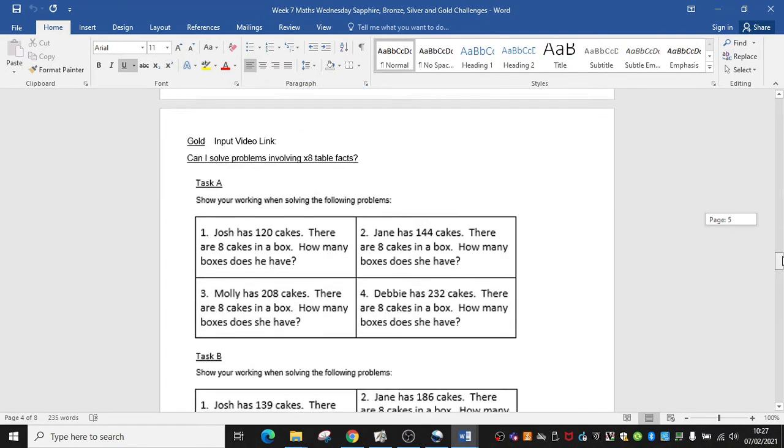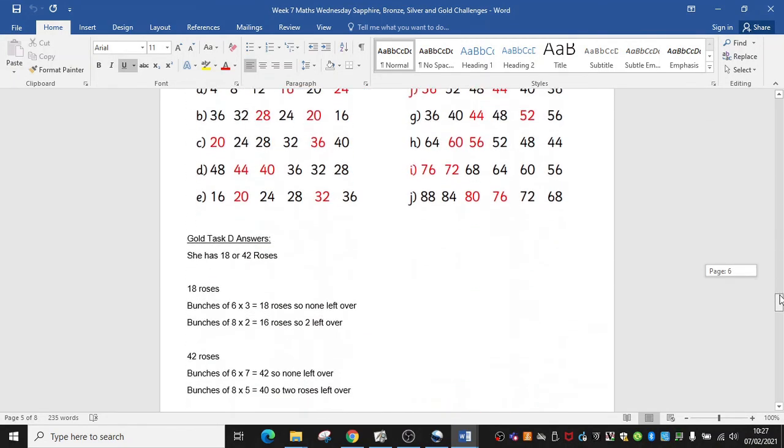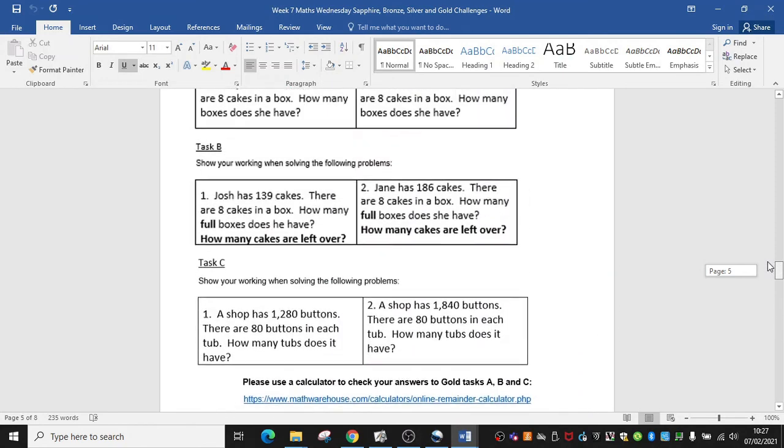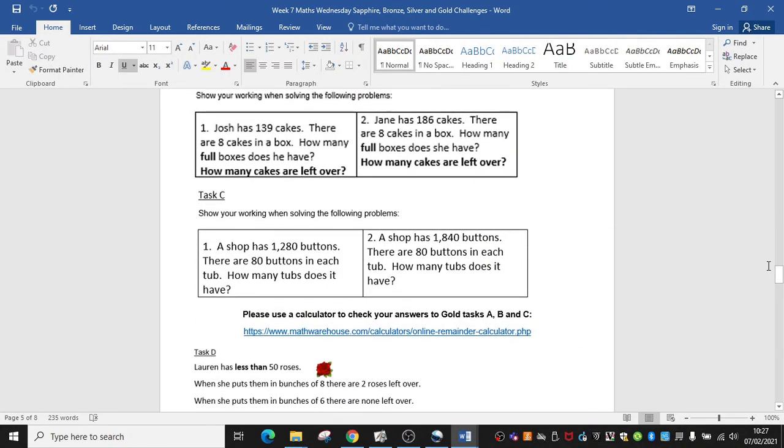Similar to yesterday, when you do the gold challenge, D can be quite tricky. So again, I have included the answers to that for you. And a reminder, similar to yesterday, I'd like you to check your answers using a calculator. Because they're straightforward division calculations, you can use your calculator to check the answer. But also a reminder that when you do task B on gold, that you will have remainders.